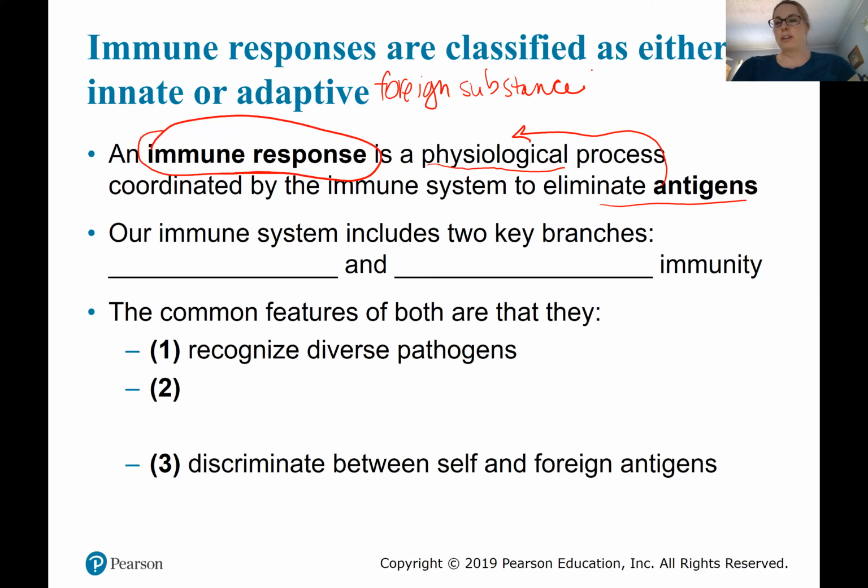Now, my other textbook that I've used in the past, I kind of like its definition of antigen a little bit better, and that defines an antigen as a molecule that elicits, or causes, an immune response.